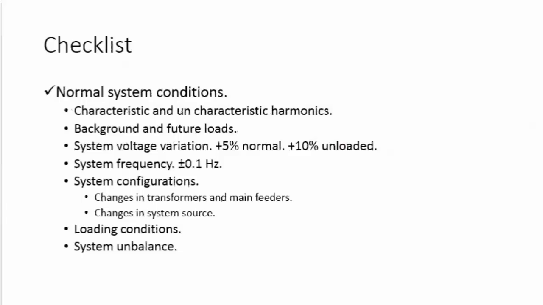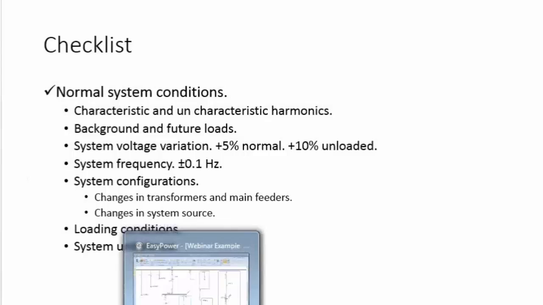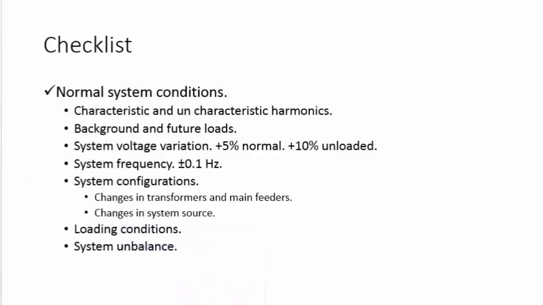Now, returning to the checklist, what are the normal system conditions? The characteristic harmonics. You may even find uncharacteristic harmonics, which are background noise. Sometimes it happens. The background and the future loads, it's not the same to design for a system that will not change and design for a system that will grow over time.